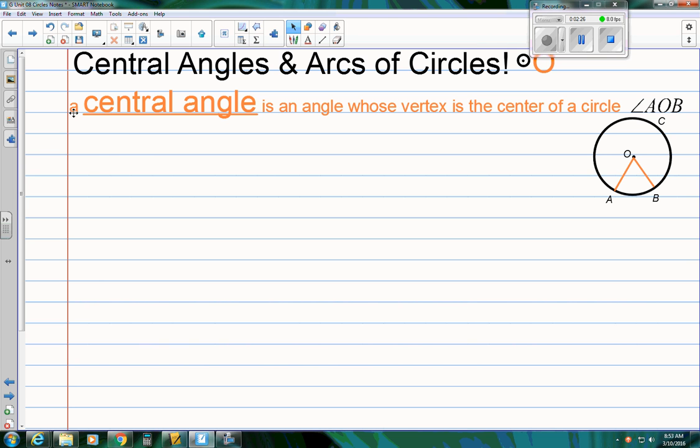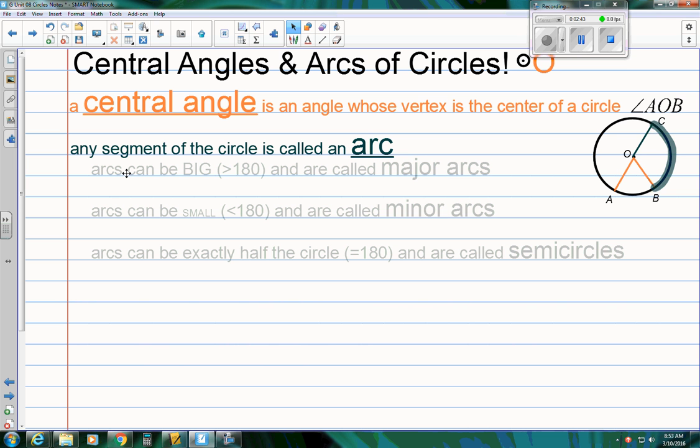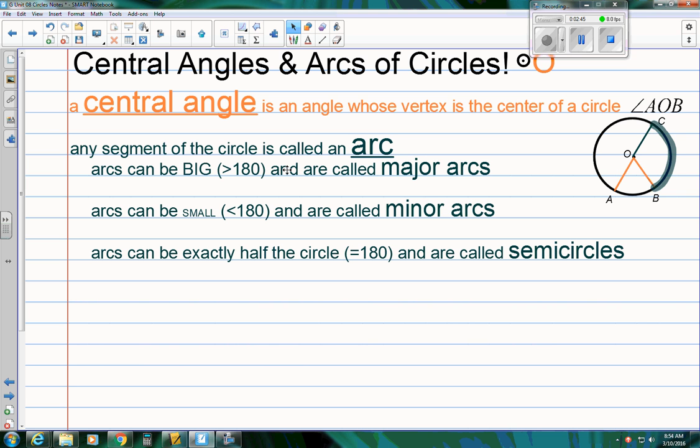Okay, so moving on, a central angle is named the same way we name any other angles. And the other part of the circle we're going to talk about tonight is a segment of the circle or a piece of the circle called an arc. Arcs can come in a bunch of different sizes. They can be big, and we're going to define big as bigger than 180 degrees.